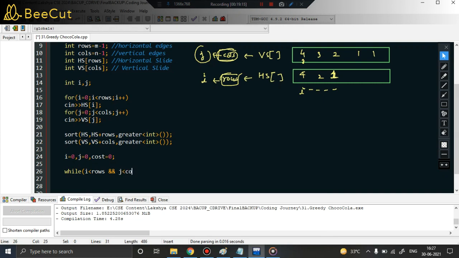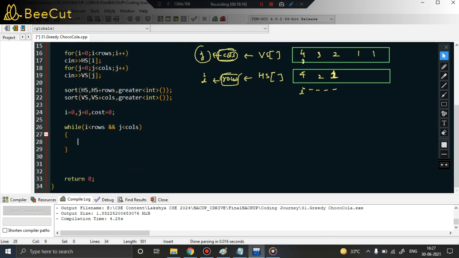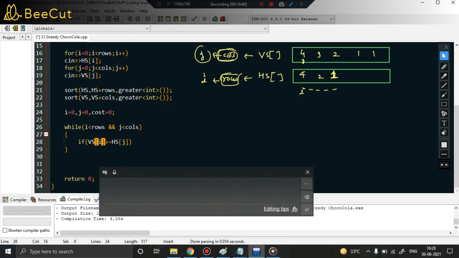Okay, what will I do? I will see which one of the edges is smaller, the horizontal edge or the vertical edge. Which one of these is smaller? So I'll write a line which says that if the vertical slide edge VS of j is greater than or equal to horizontal slide HS of I, sorry for this.